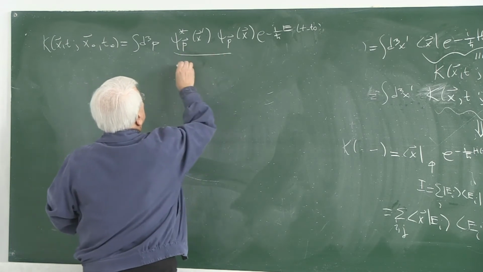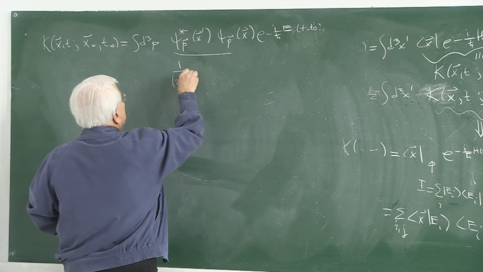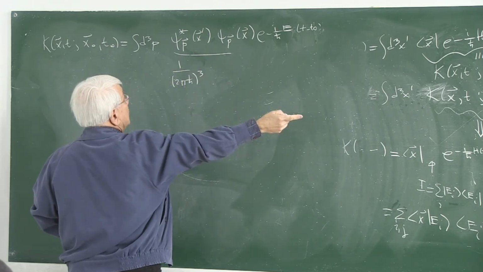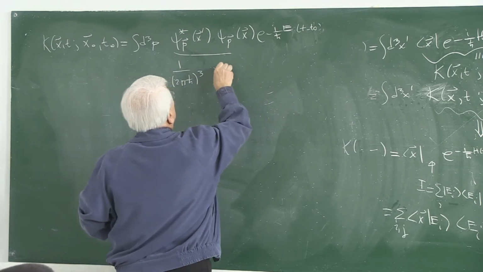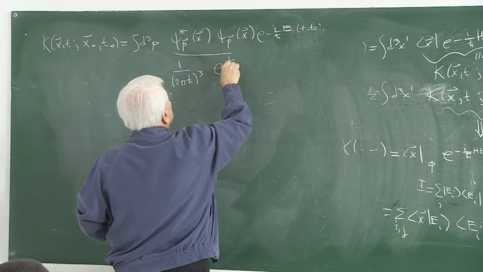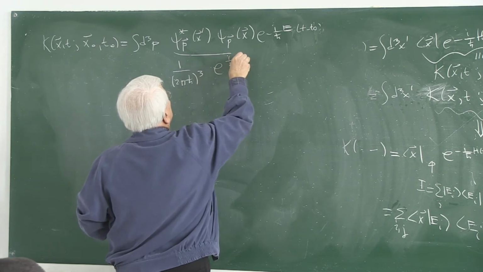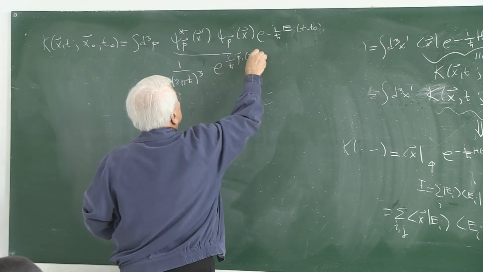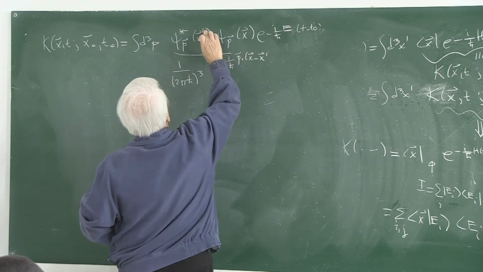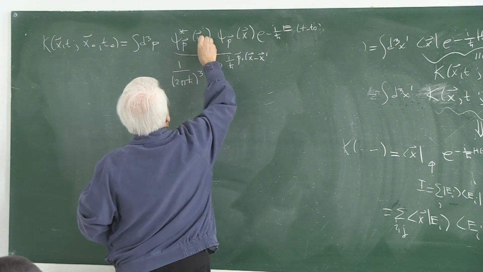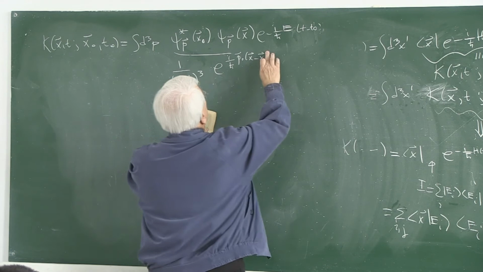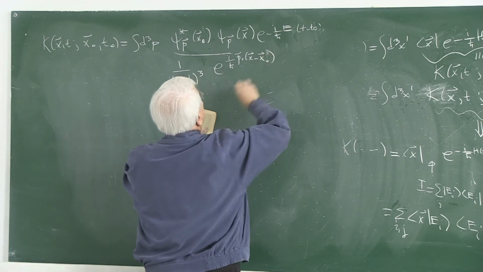What is it? 1 over 2 pi h bar to the 3, because each of them has 1 over 2 pi h bar to the 3 halves. And this one is i over h bar p dot (x minus x0). So for the sake of aesthetics, we don't want to ruin the entire thing, right? Okay.